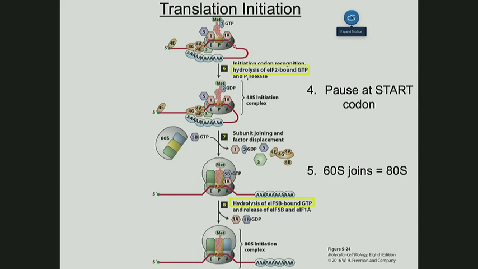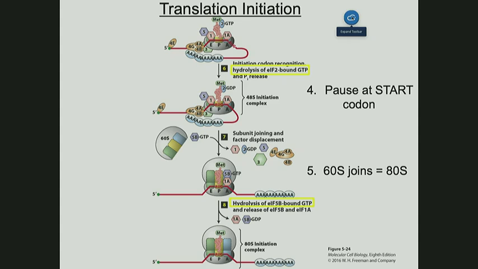And this pausing step, as well as this locking together, these are accompanied by hydrolysis of GTP through the action of some initiation factors that are part of this. Once the 80S has formed, we now have ended the initiation phase. We now have a ribosome that is ready to start elongating for translation to begin.